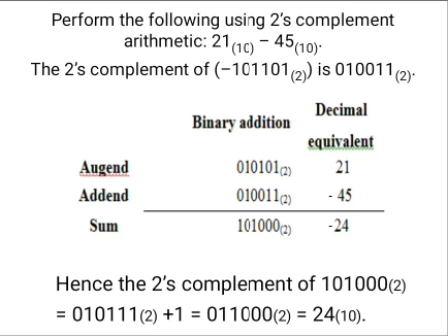That means if the result is required in the normal form, the answer is once again 2's complemented. Hence, the 2's complement of 101000 equals 010111 plus 1, that equals 24.